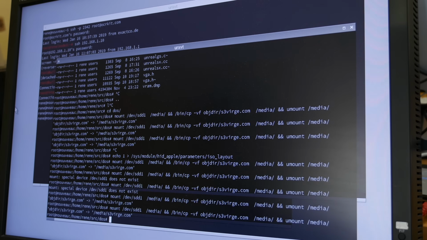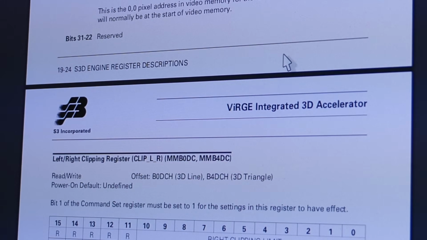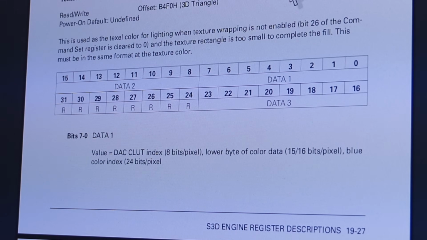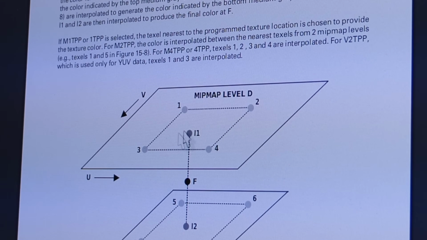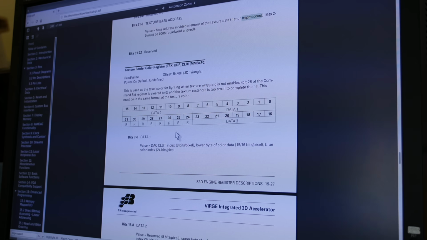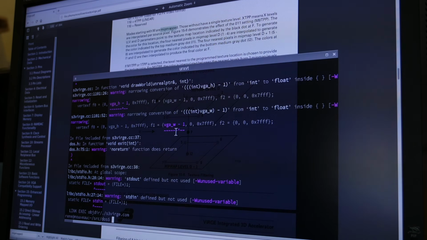And so this Virge can only do power of 2 textures due to the way they implement MIP mapping, because there is a MIP level, and the reason is that it stores these MIP maps in memory one after the other. So this is why it doesn't have any size parameter for these MIP maps. This is a hardware limitation in this generation of hardware. You cannot fix this unless you use non-MIP map textures.